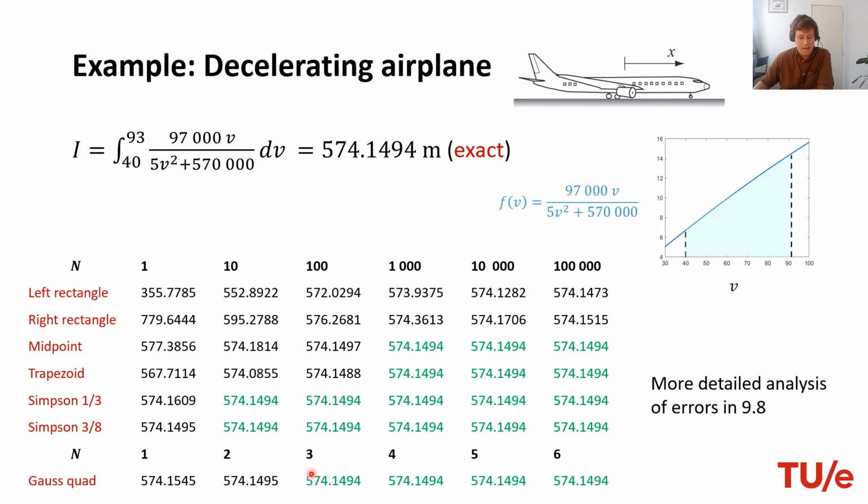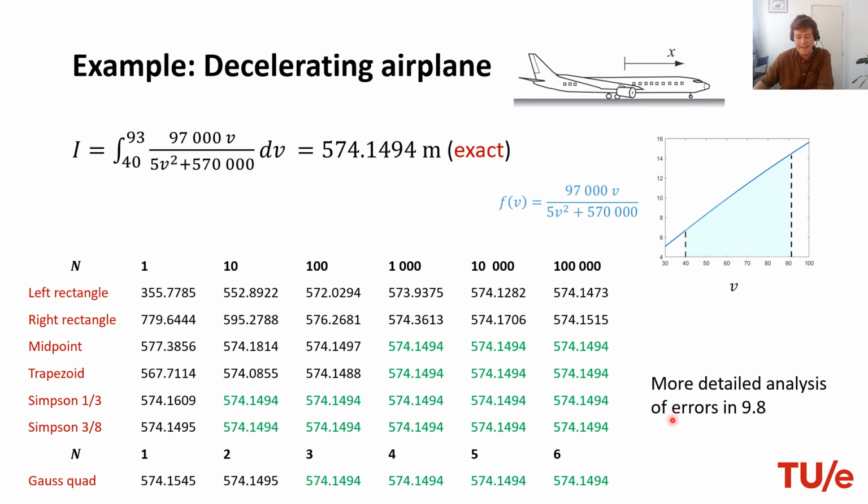So this really hints to us that these Gauss quadrature rules are very, very accurate. Also comparing them to the Simpson methods here, they are exact, in this case, starting from 10 function evaluations. So they seem to be at least comparable in accuracy to Simpson's methods.